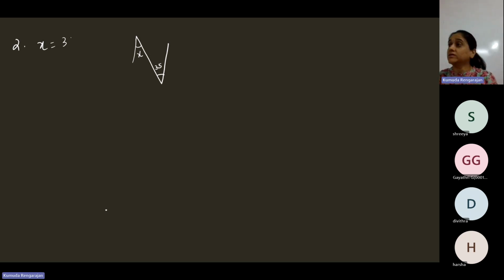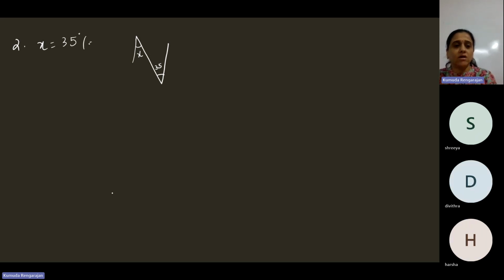So x is equal to 35 degrees. Reason, alternate interior angles are equal. These two lines are parallel, it's marked. X is equal to 35, alternate interior angles are equal.